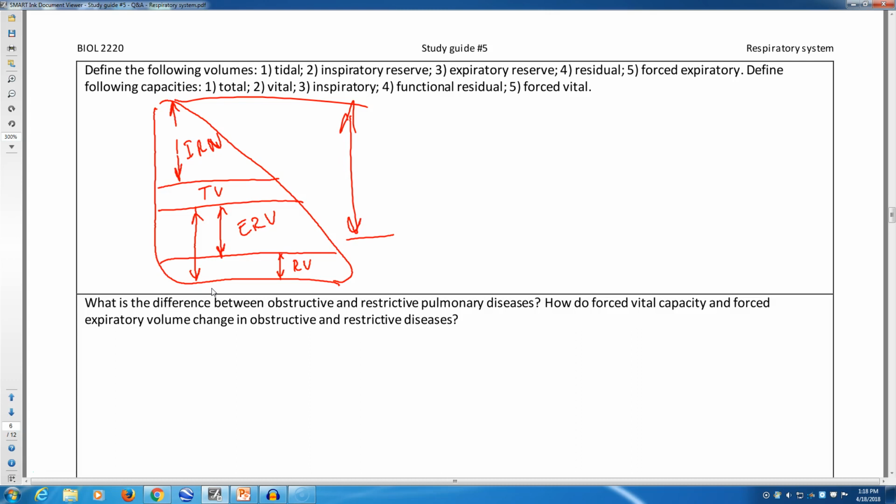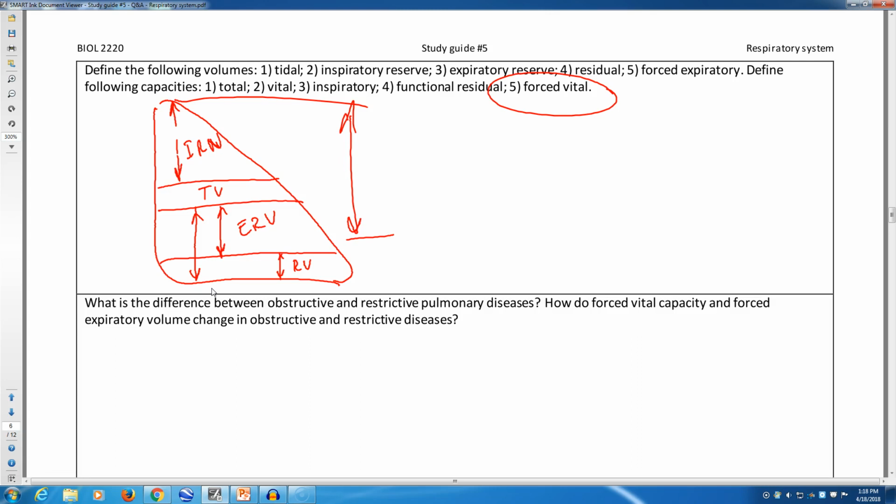Okay? Now, what is forced vital capacity? It's essentially vital capacity, but it is a measurable parameter. Can you measure vital capacity in its pure form in a person without any invasion or any procedure? Can you know my vital capacity from looking at me? No, you can't.